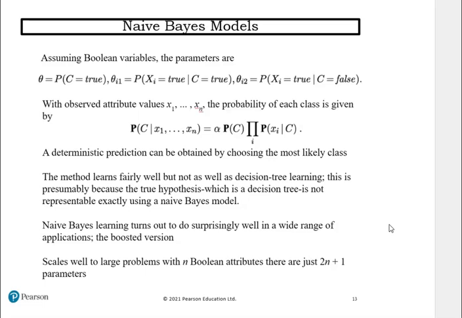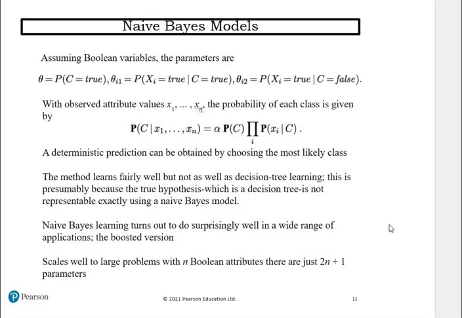So this method learns fairly quickly, but not as quickly as decision tree learning. The explanation is that the true hypothesis, which is a decision tree, is not representable exactly using a naive Bayes model. Naive Bayes learning turns out to do surprisingly well in a wide range of applications, and it scales well to large problems with n Boolean attributes.